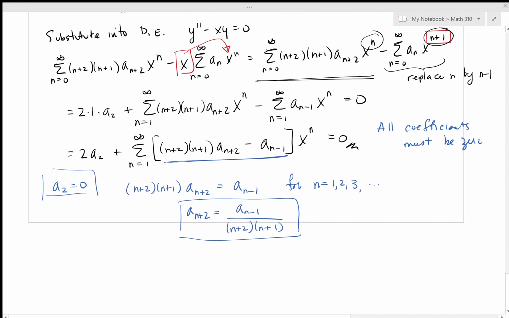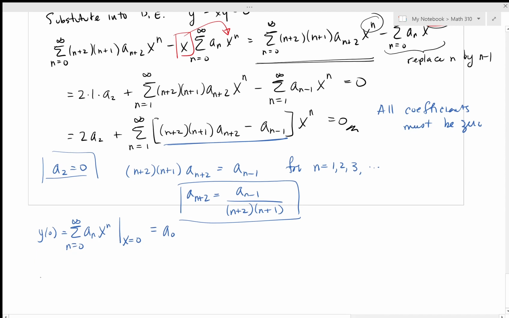Where would those come from? Let us take a look at what y of 0 is. y of 0 is the sum from n equals 0 to infinity of a_n x to the n evaluated when x equals 0. And that is simply a0. Similarly, y prime of 0 is the sum from n equals 1 to infinity of n a_n x to the n minus 1 evaluated when x equals 0.